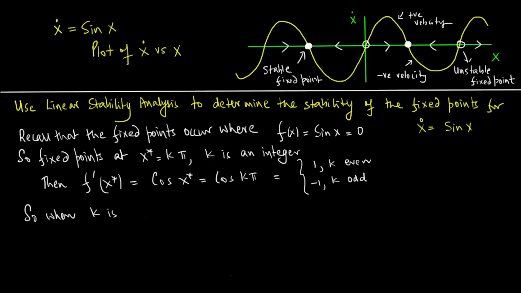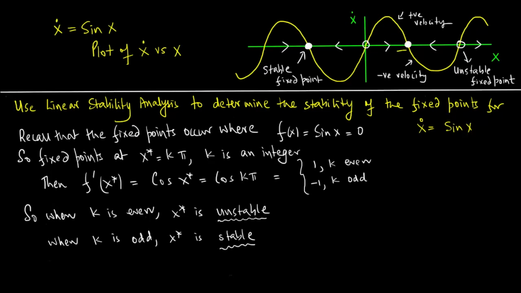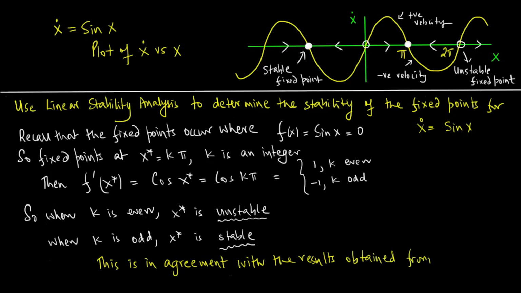So when k is even, x star is unstable, and when k is odd, then x star is stable. So this is actually in complete agreement with the results that we obtained from the geometric view of thinking.